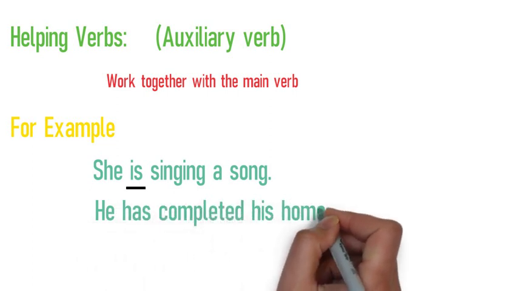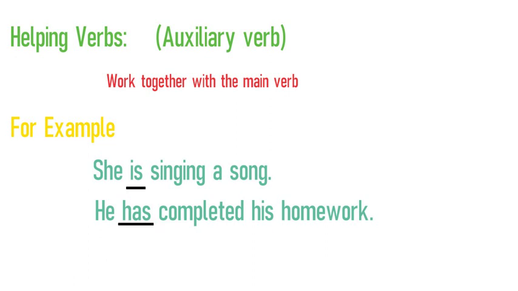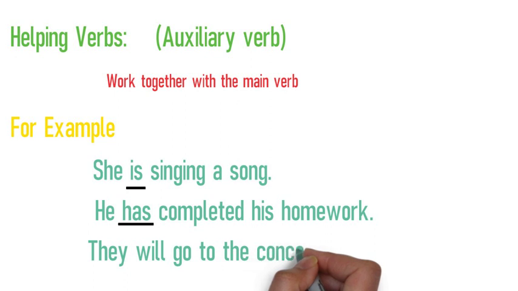He has completed his homework. The helping verb has is used with the main verb completed to form the present perfect tense. They will go to the concert. The helping verb will is used with the main verb go to form the future tense.